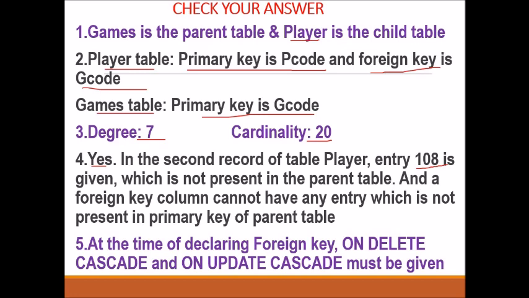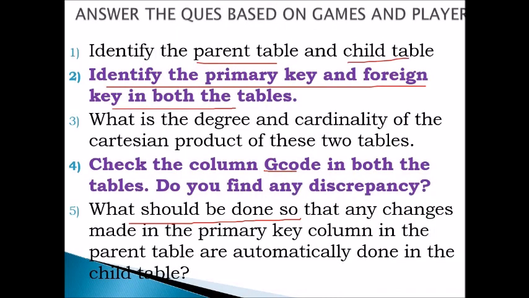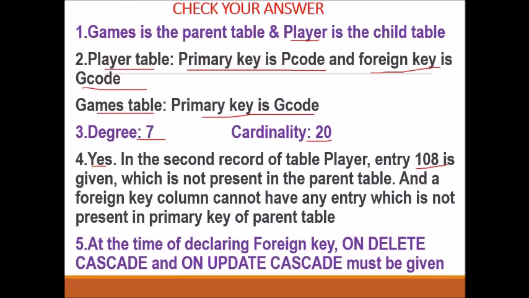And for any changes that are done in primary key of the column, if they are automatically to be done in child key, you have to use on delete cascade and on update cascade.